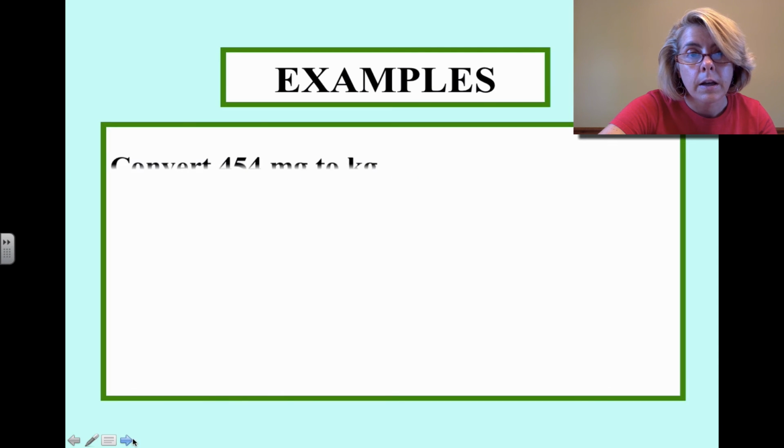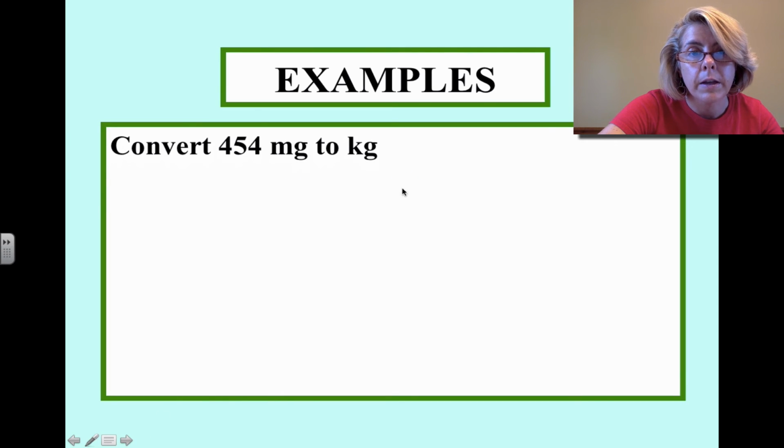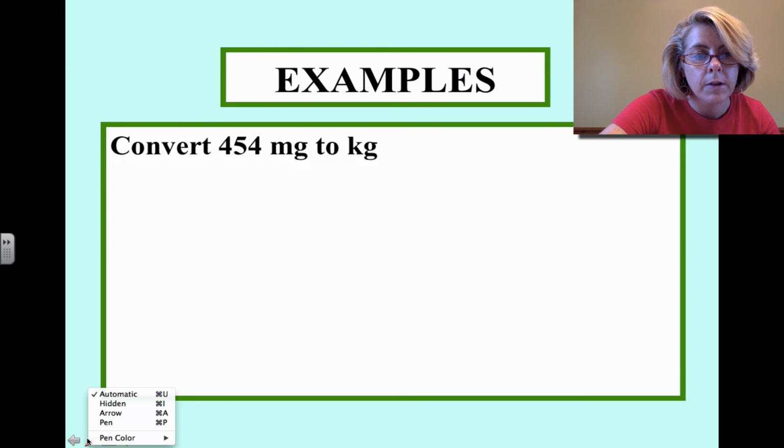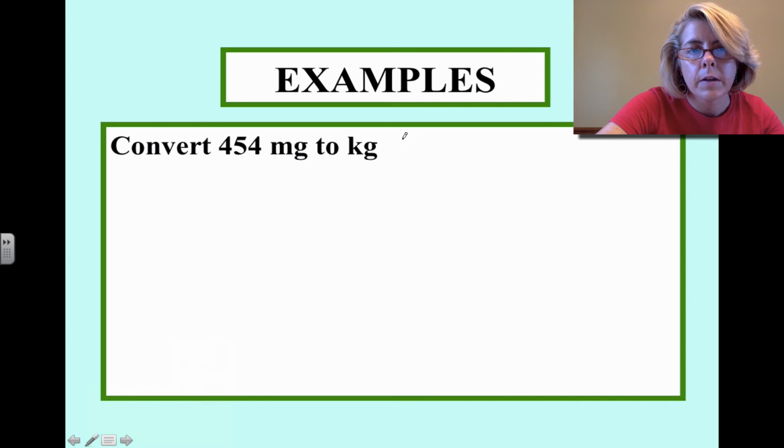Okay, here's another example. They essentially want you to convert 454 milligrams to kilograms. So you need to have a roadmap. So you want to go from milligrams. Now, I'll tell you right now, you can't go directly from milligrams to kilograms. You're going to go from milligrams to grams, and then from grams to kilograms.